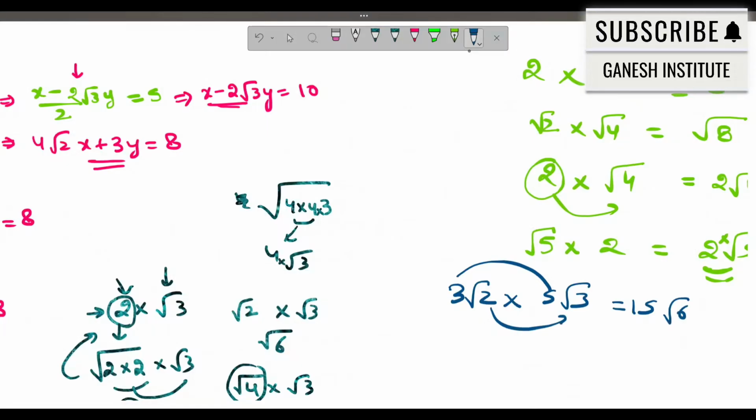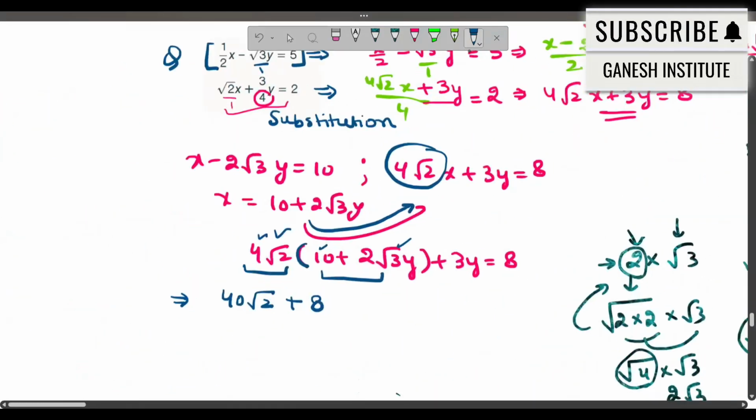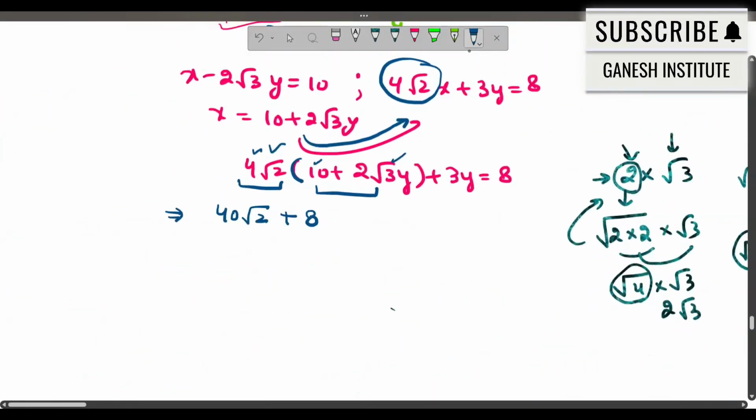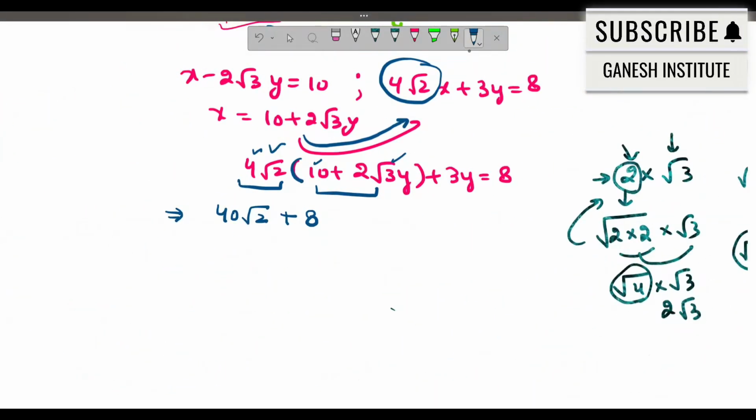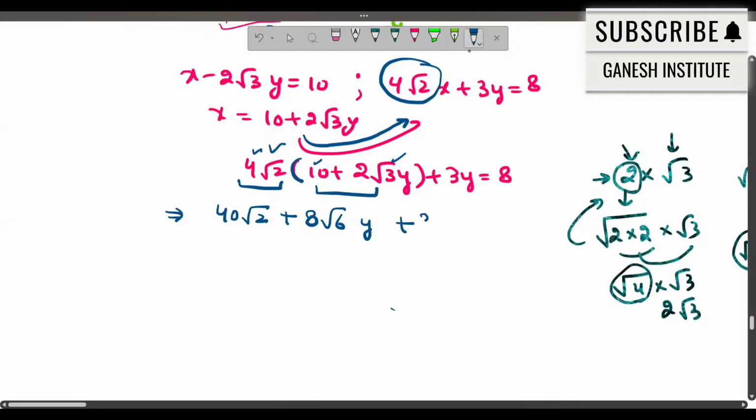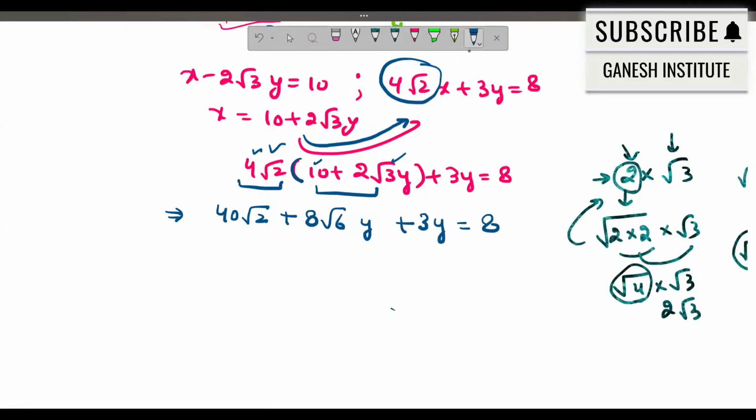So separately, for that it would be 2 root 3, so root 6y, plus 3y is equal to 8. Then you could put the like terms together, which you would add, since it's plus, I would just say it's 11y. Okay. 11.